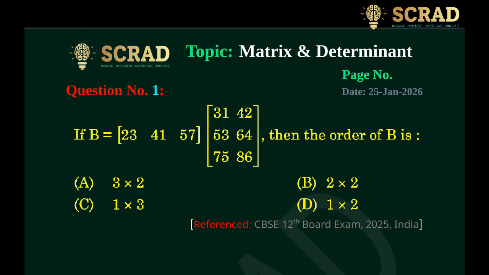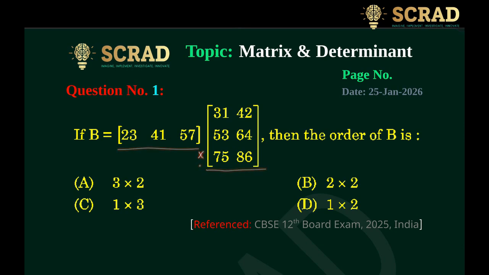So question number 1: if B equals this, a matrix is given, and this is another matrix, and these two matrices are multiplied. Here multiplication is there, and we denote it using the dot product.